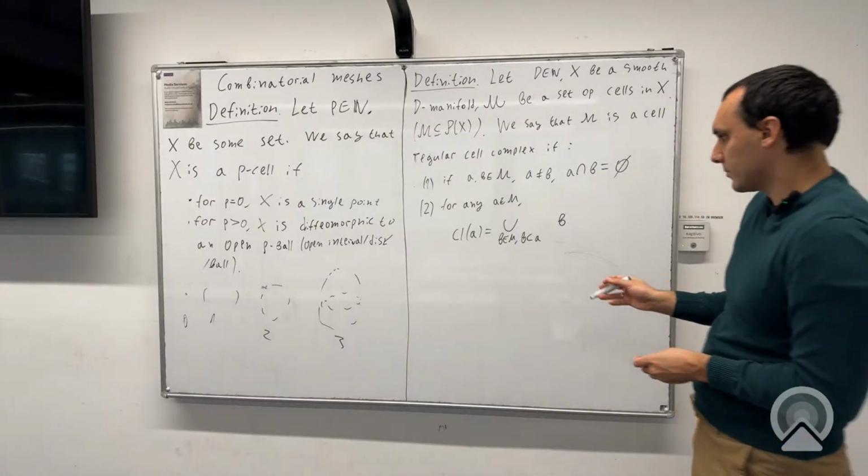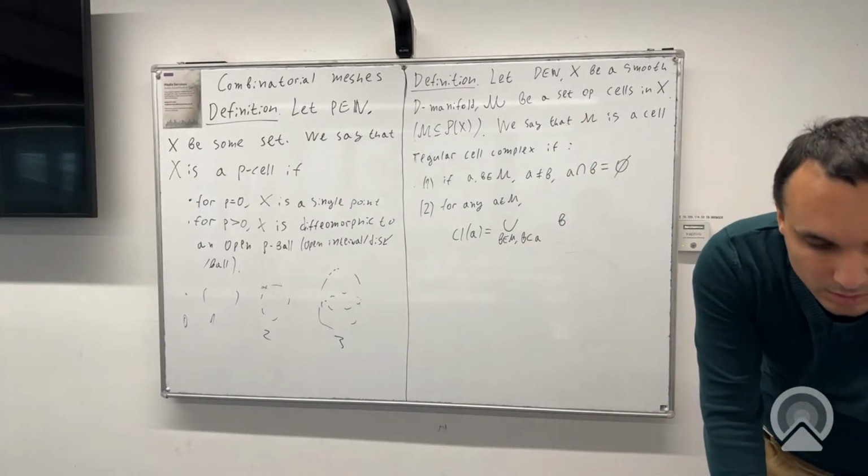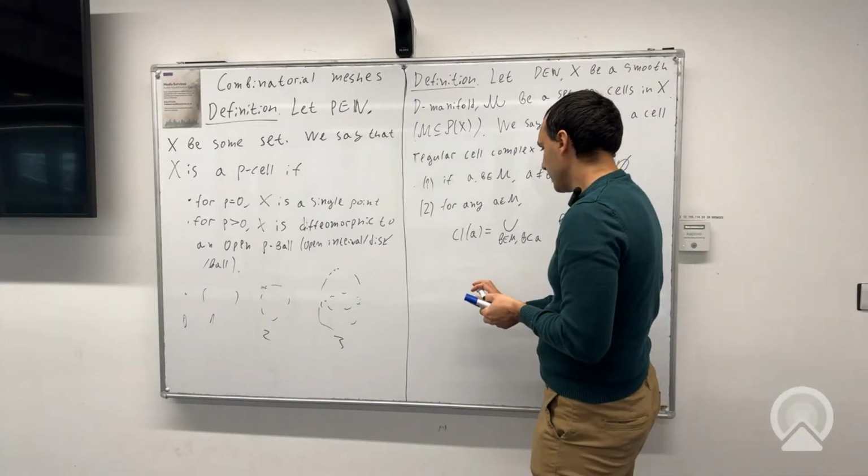So what does it look like? Let me use three colors for a 2D mesh.